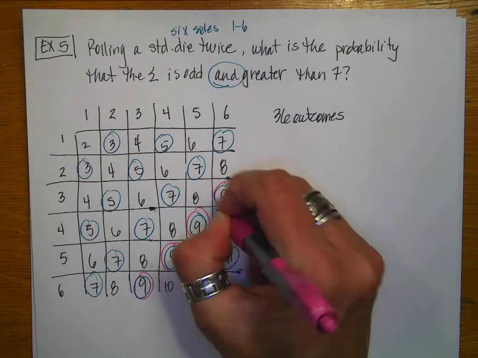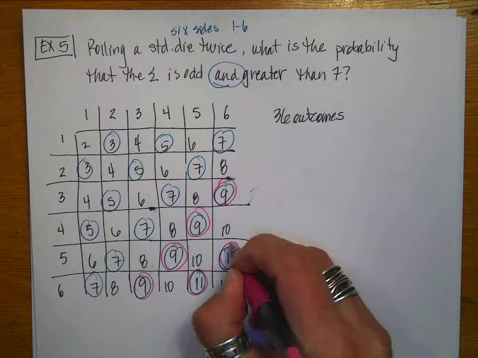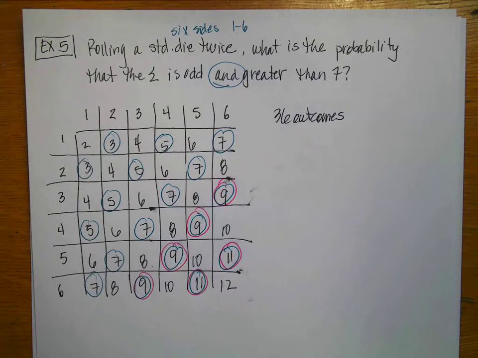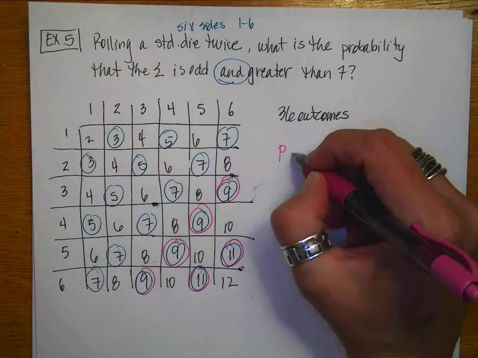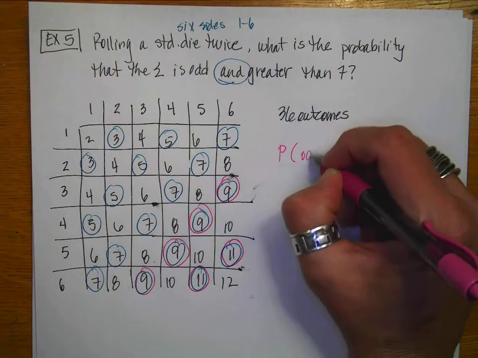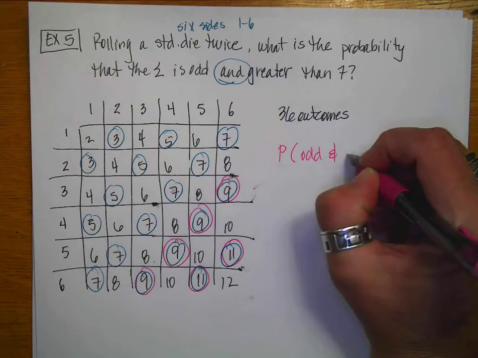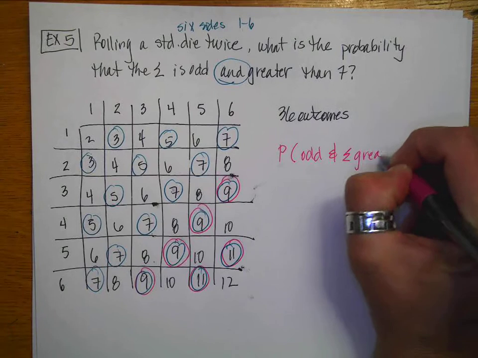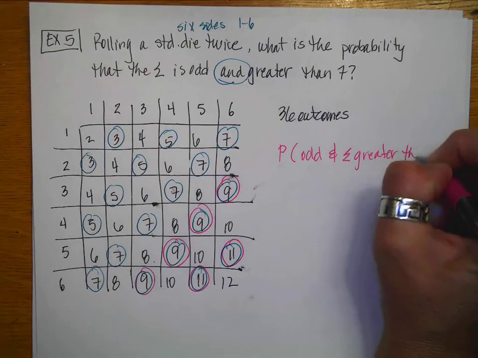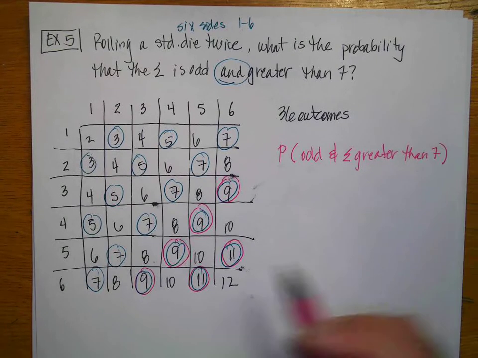So that would be 9, 10, sorry, not a 10. That would be these guys. Okay, so with a dice chart, it's easy to see where something satisfies both conditions. So we are looking for the probability of odd and that the sum is greater than 7.